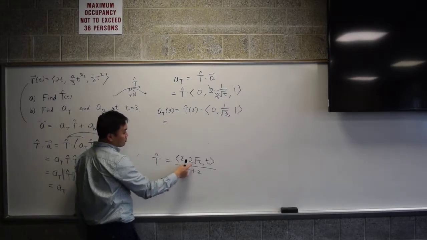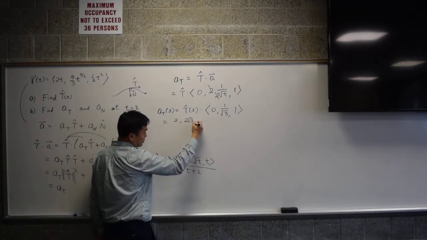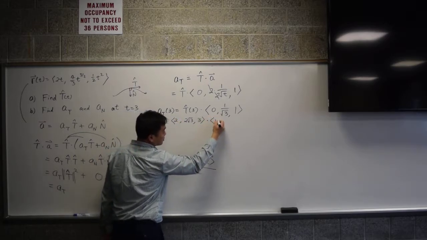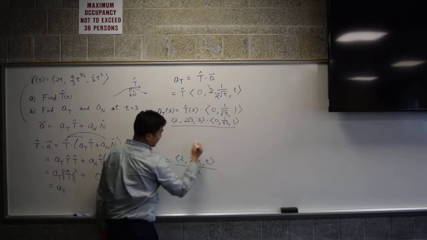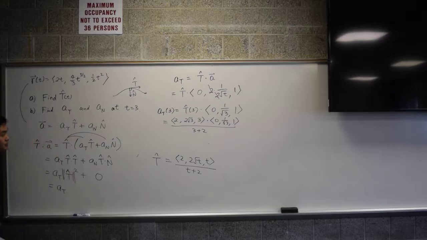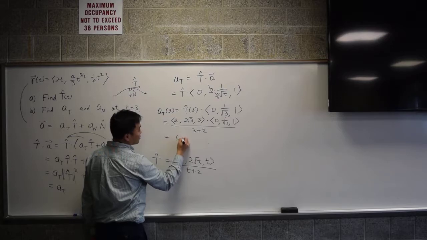Okay, let's continue. If you plug in 3 here, it's 2, comma 2 radical 3, comma 3, dotted with 0, 1 over radical 3, 1, and then I can divide everything by 3 plus 2. I'm setting t as 3. Okay, we're almost there. 2 times 0 is 0.